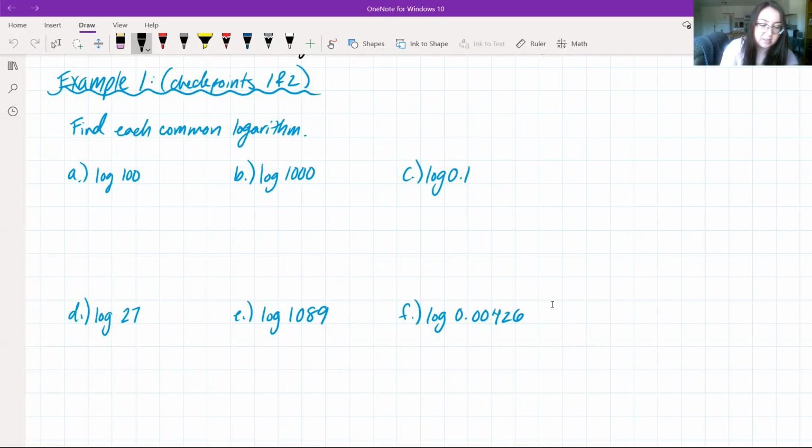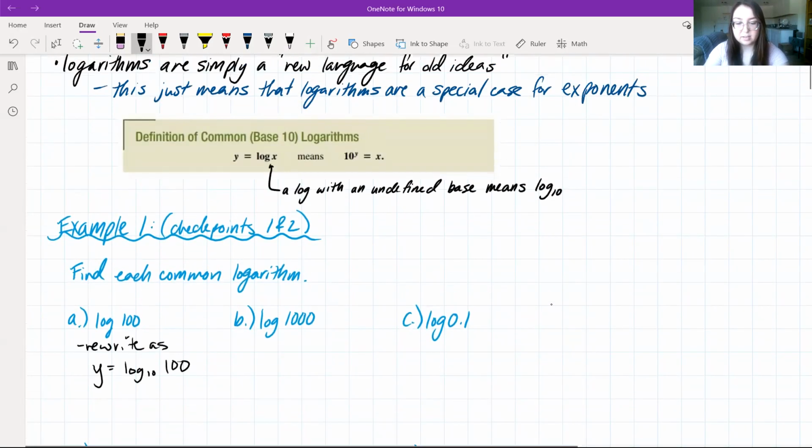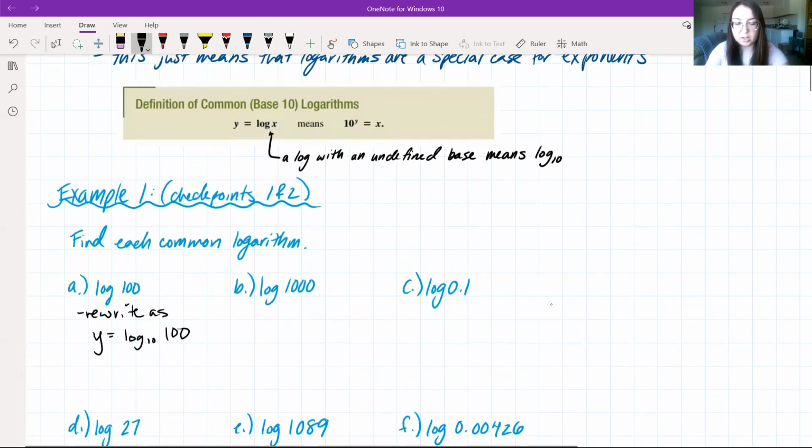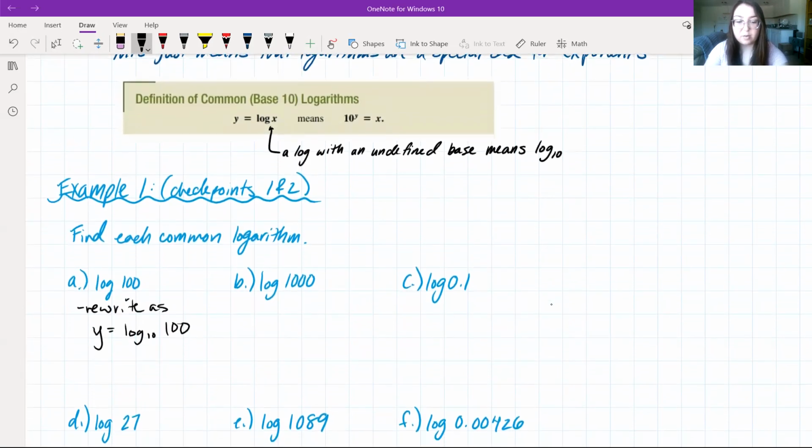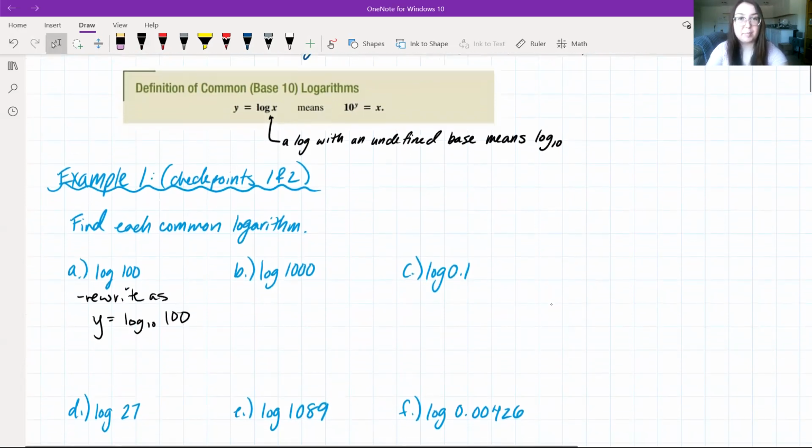So let's rewrite this as y is equal to log base 10 of 100, which is going to be x.